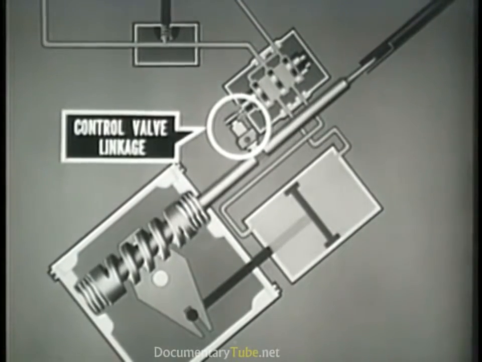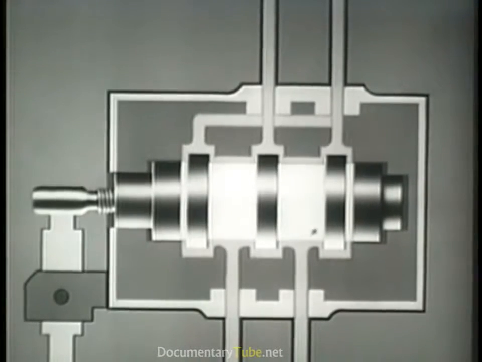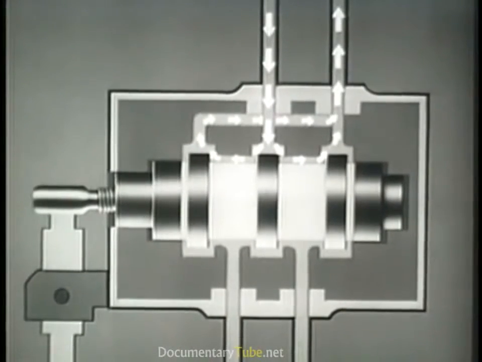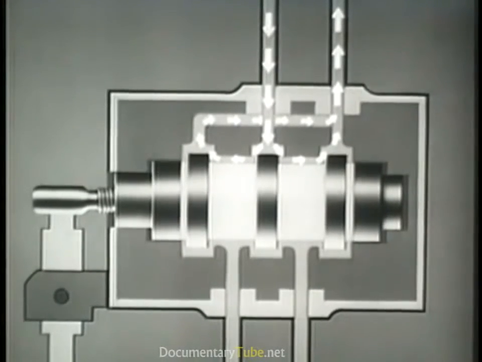Full pressure of the hydraulic system is applied with only a few thousandths of an inch of control valve travel. In neutral position, all fluid flowing into the valve from the pump is returned to the reservoir through channels in the upper part of the valve housing, and no steering assist is being delivered.